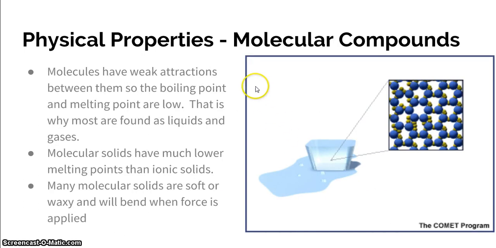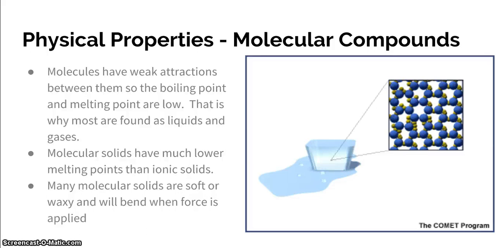Now for molecular compounds, our molecules have weak attractions between them. So compared to ionic solids, ionic compounds, they're going to have low boiling points and low melting points, which is why a lot of them are found as liquids and gases at room temperature. If they happen to be in the solid state, they're going to have much lower melting points than ionic solids will.